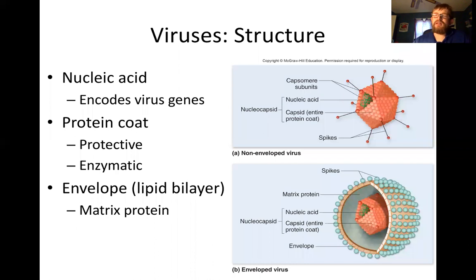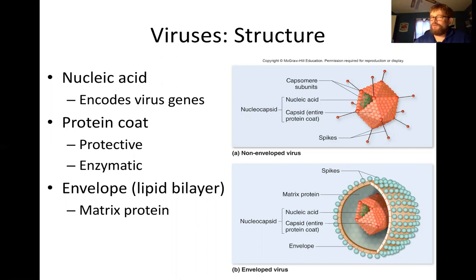And spikes are different on different viruses, and so different viruses have different areas that they infect. We'll talk about this in just a second, or at least mention it, right? The virus that causes COVID-19, its spikes allow for the attachment of the virus to lung tissue and to GI tissue, gastrointestinal tissue.